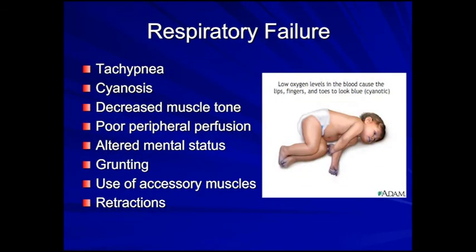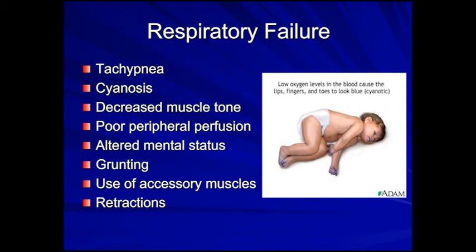So respiratory failure. We've moved from distress to respiratory failure. Now this patient may have some of these signs and symptoms, but ultimately they have the inability to maintain oxygenation. Some of the things that we might see with respiratory failure: tachypnea, cyanosis.